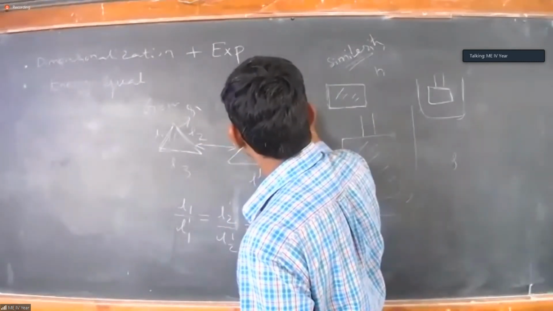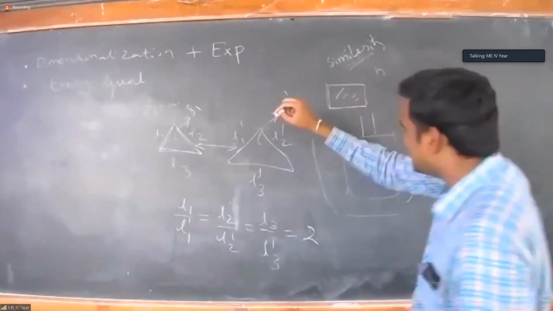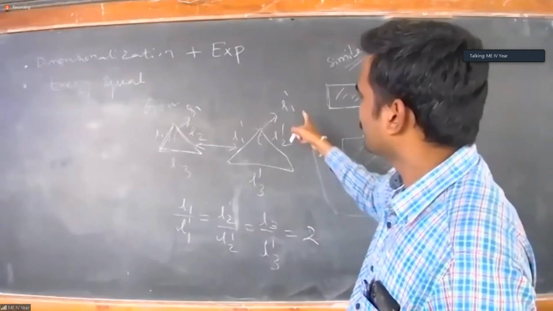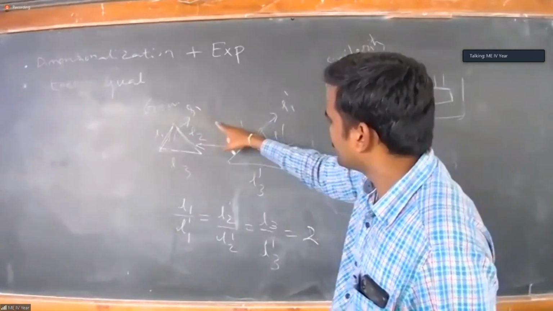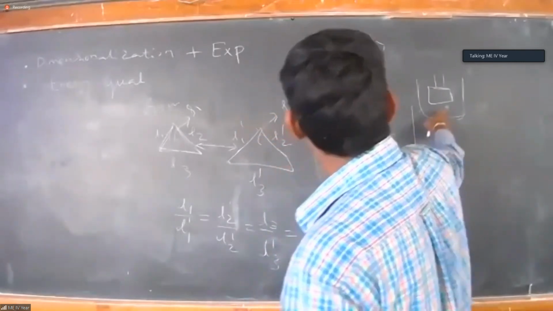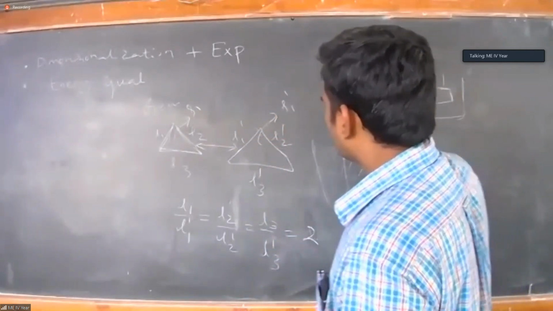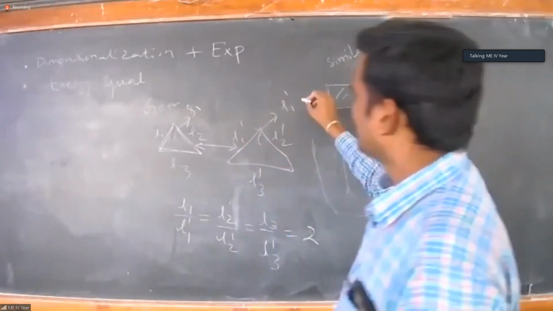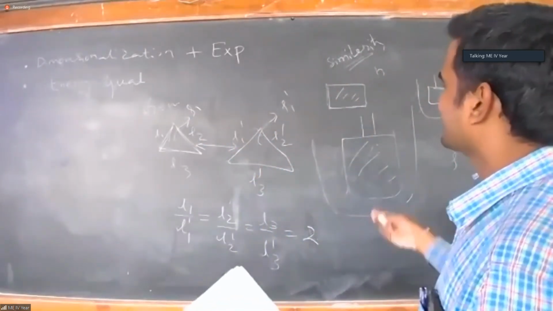This will have rho 1 dash. Their ratio should be constant. So when you establish similarity in a model system, you select them such that the ratios are constant.